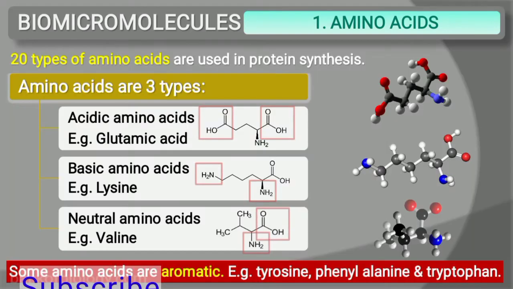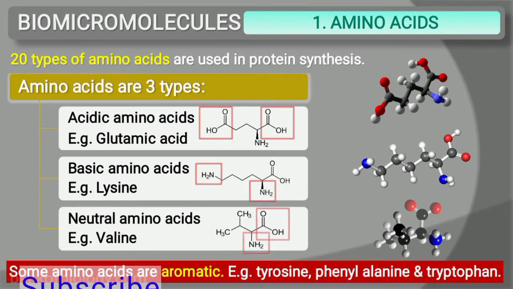Out of 20 types of amino acids used in protein synthesis, amino acids are of three types. Acidic amino acids contain an acidic group, that is the carboxylic group. Basic amino acids contain an amino group, which is why they are called basic, for example lysine.